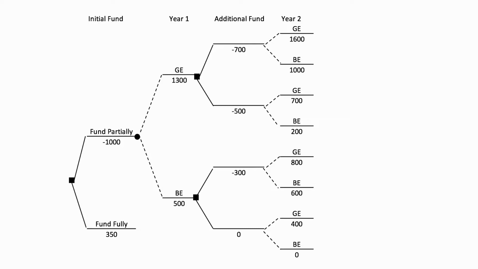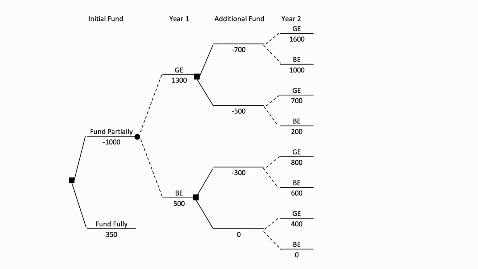So you see that we have good economy and bad economy outcomes in year 1, and then an additional funding decision can be made with different results in year 2 resulting from that. The additional funding options vary depending on whether it's a good year or a bad year, and then the results in year 2 vary by good and bad year.